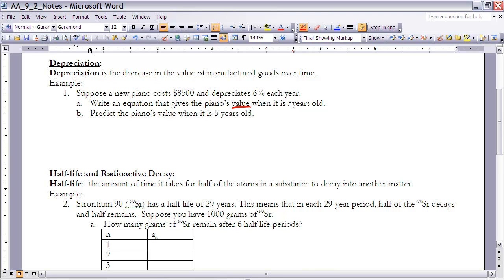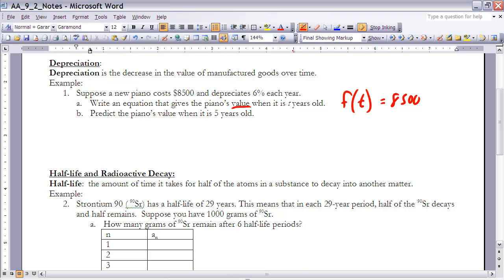So I'm going to call my function f, and remember we want it to be ab to the t. So a represents what it started at, which is $8,500. B represents the growth, or in this case the decay rate.